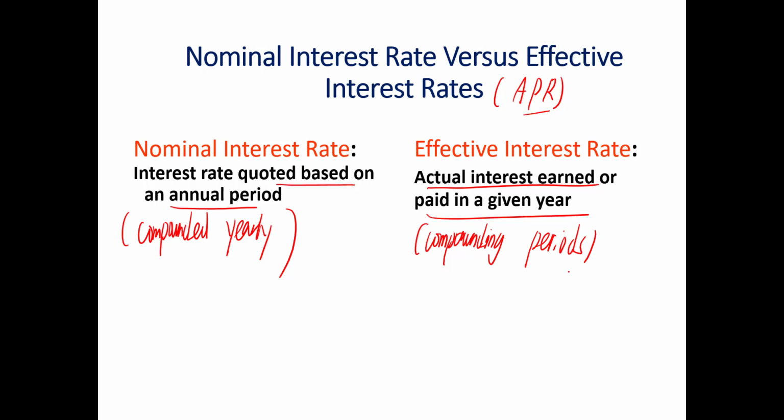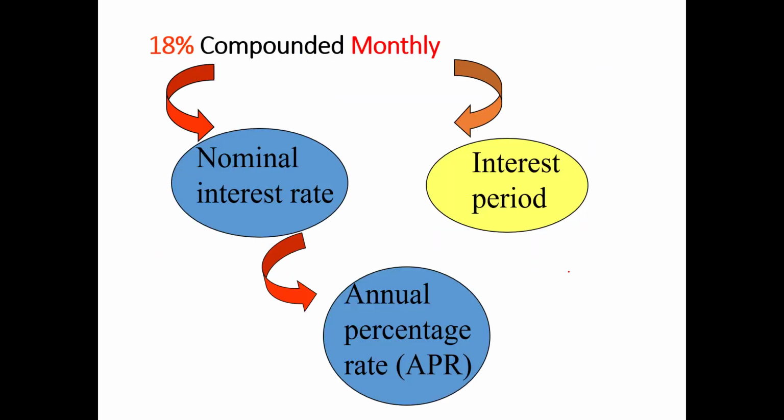For a lot of financial instruments like credit cards, it's compounding monthly, meaning the actual interest is compounded monthly. Let's take into consideration this example: 18% compounding monthly. 18% is what we call the face value, so this is a nominal interest rate.